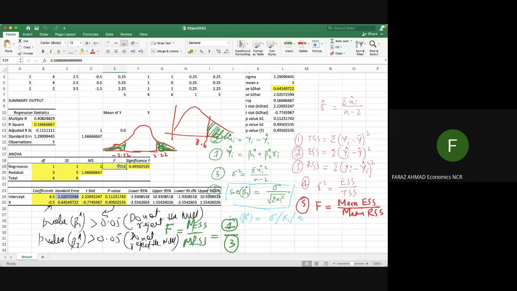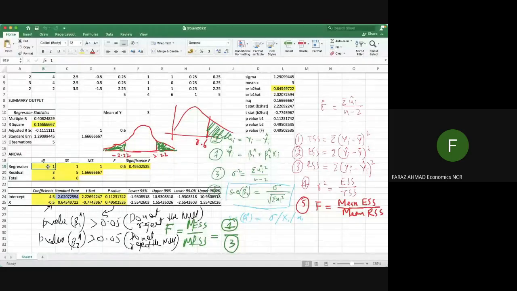So let's see this 0.6 in the F table, and we will need two things here. We will need the numerator degrees of freedom, which is 1, and the denominator degrees of freedom, which is 3. The numerator degrees of freedom is the degrees of freedom of the ESS, and the denominator degrees of freedom is the degrees of freedom for the RSS, which is 3.